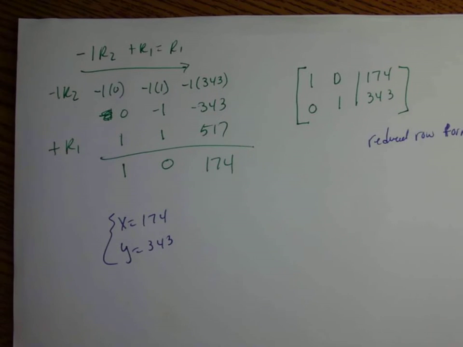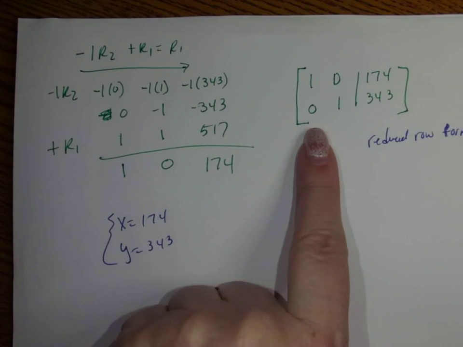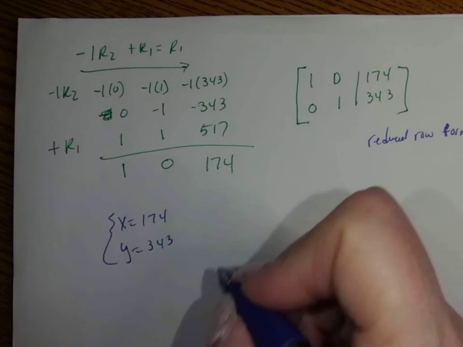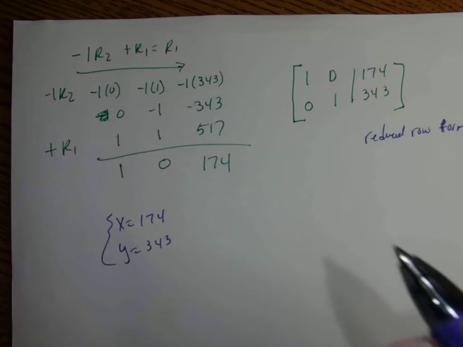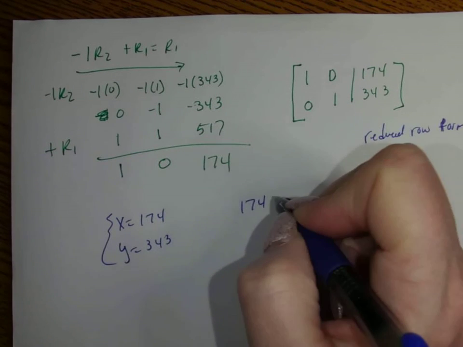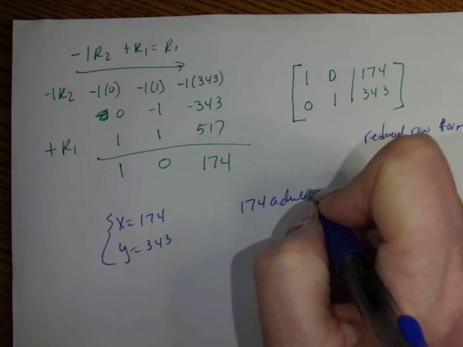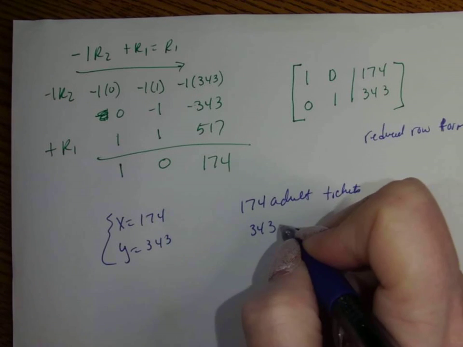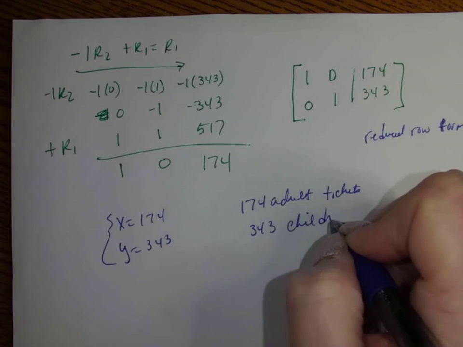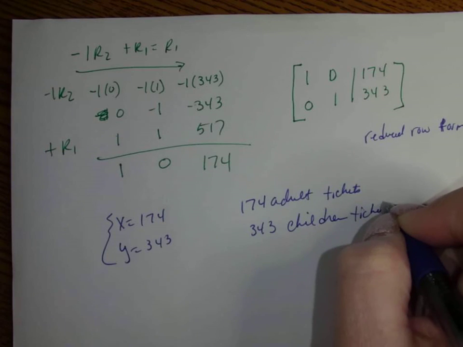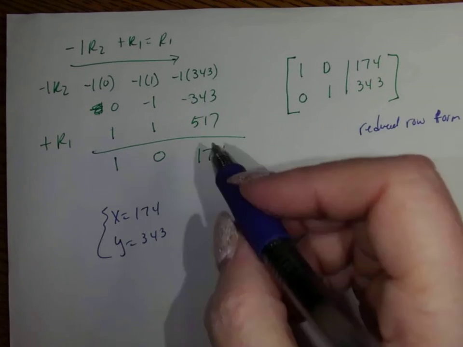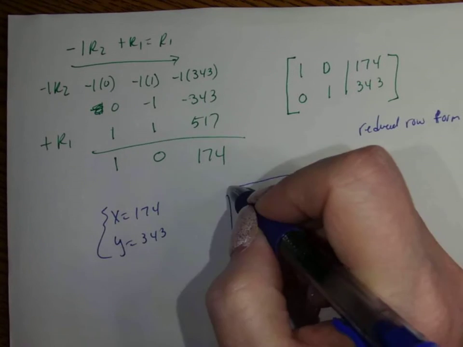That's the system, because there are no y's on that one, and there's no x's, and it's already solved. So this tells us we have 174 adult tickets, and we have 343 children tickets. So we don't have to do any math after that because there's no plugging in. All right, and that would be your answer.